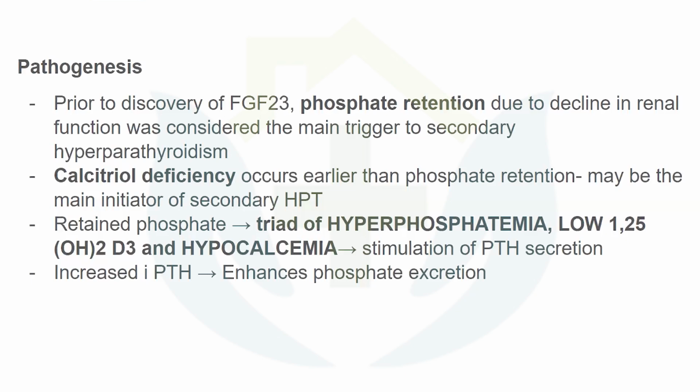So these two factors, phosphate retention and calcitriol deficiency, were considered to be the major initiators of stimulation of parathyroid hormone, leading to secondary hyperparathyroidism. The triad of hyperphosphatemia, low 1,25 dihydroxy D3, and hypocalcemia stimulate increased parathyroid hormone production from the parathyroid glands, and this leads to increased phosphate excretion.